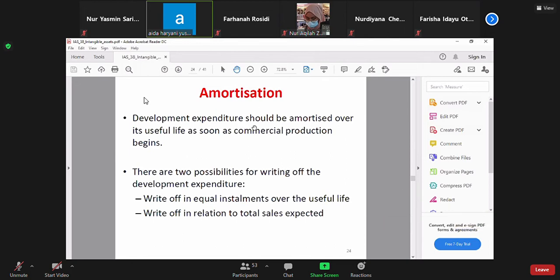Development expenditure should be amortized over its useful life. But there are two methods, one over useful life or one over sales, as soon as commercial production begins.